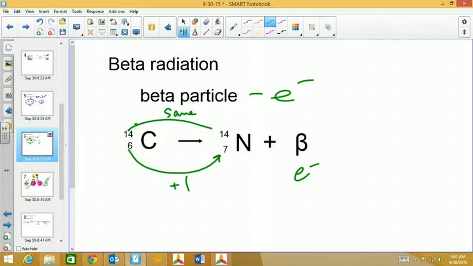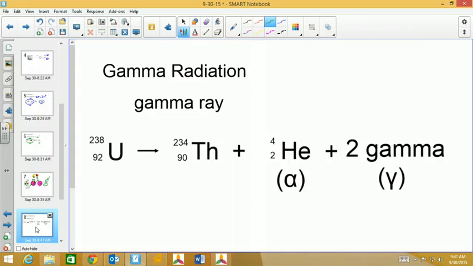Okay? Last but not least is gamma radiation. Don't worry, this is easy. So here's our uranium. By the way, flip over to page 124. Gamma radiation is simply just high energy radiation.